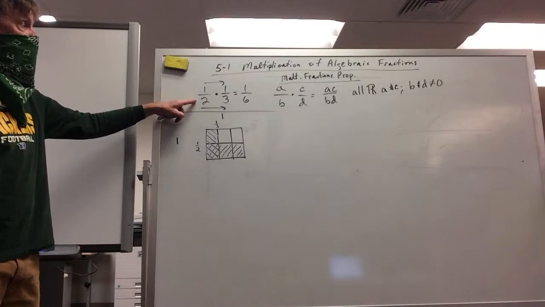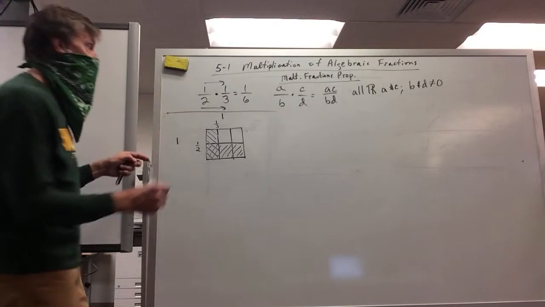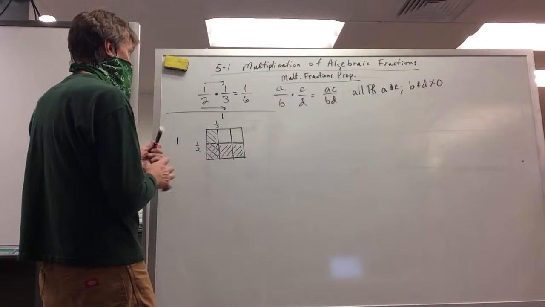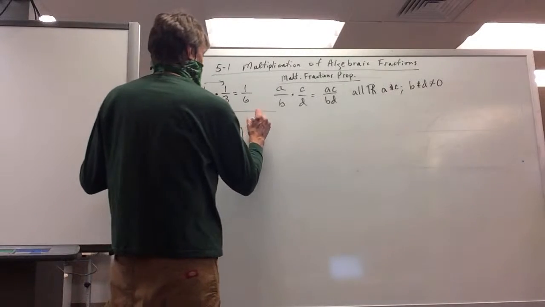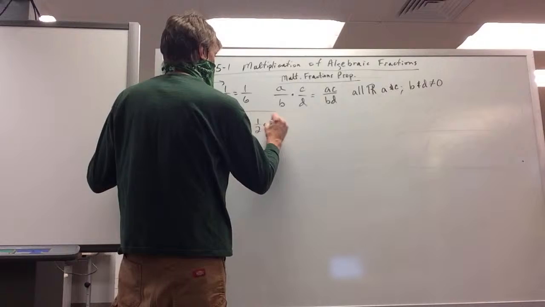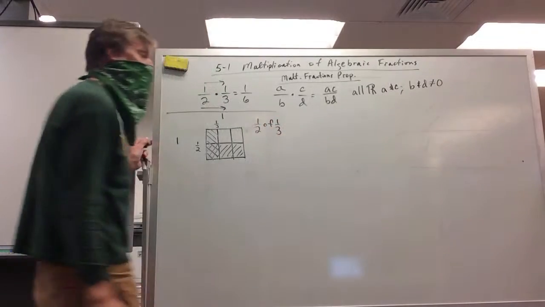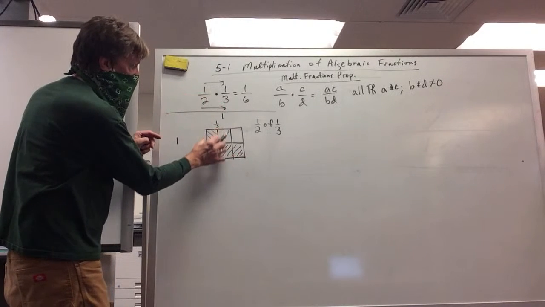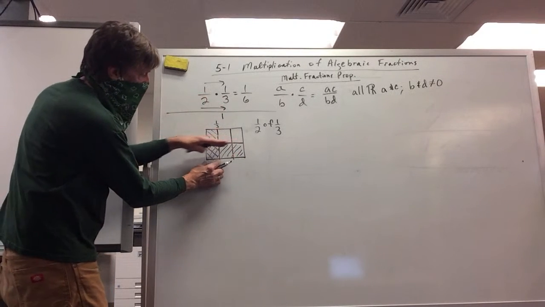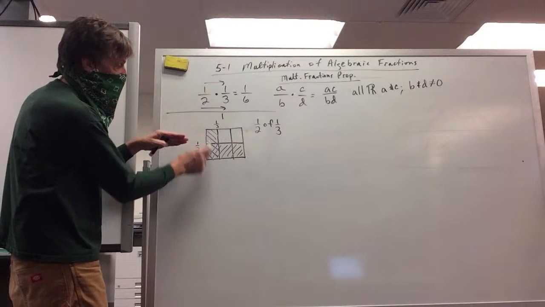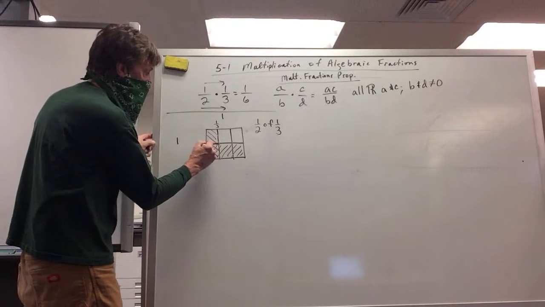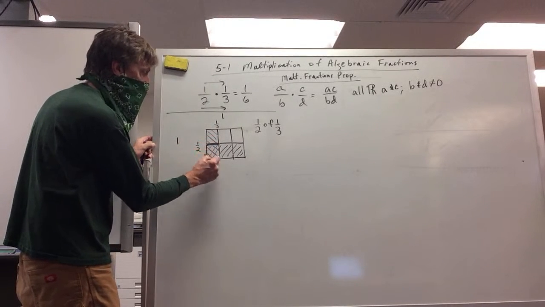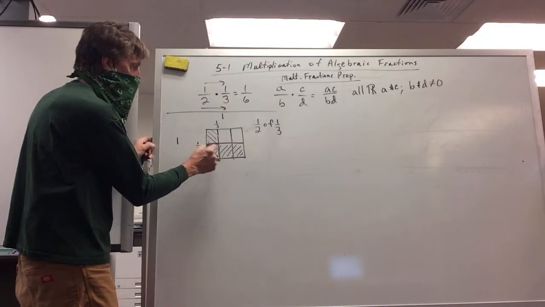Another way of reading this would be 1/2 of 1/3. So I start with 1, I take a third, and then I take half of it. Here's that third, and I take half of that. This is my answer right here: 1 out of 6 total.